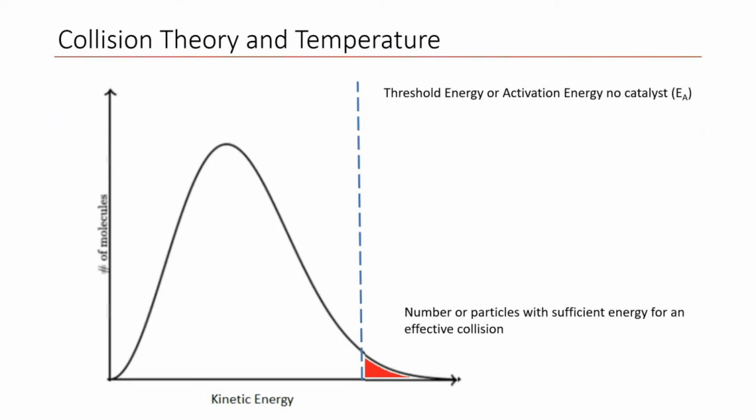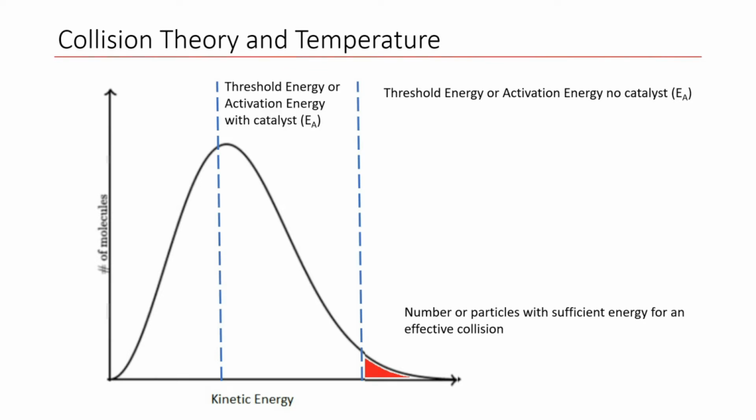Similar to what we did with temperature, we can use our Maxwell-Boltzmann curve to look at the impact of a catalyst on the rate of reaction. Again, if I have a reaction pathway which has a really high threshold or activation energy, not a lot of particles are going to have sufficient energy for effective collision. But if I add a catalyst, it would reduce that threshold or activation energy.